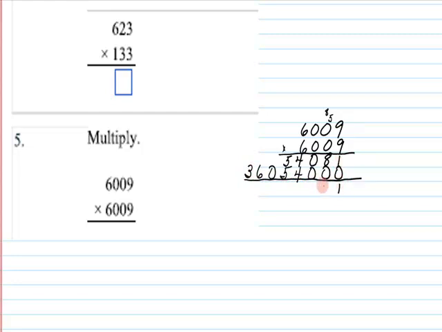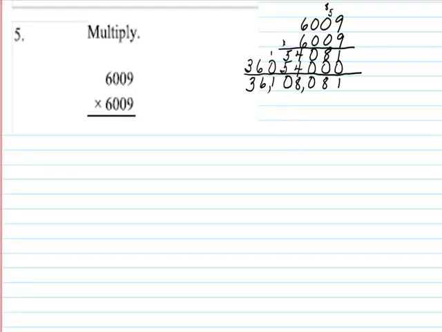Adding, that's a 1, an 8, 0, 8. 5 and 5 is 10. Write down the 0, carry the 1, 1, 6, and 3. Put in my commas. That's 36,108,081.